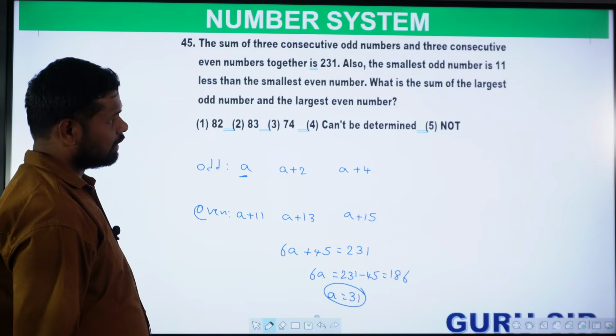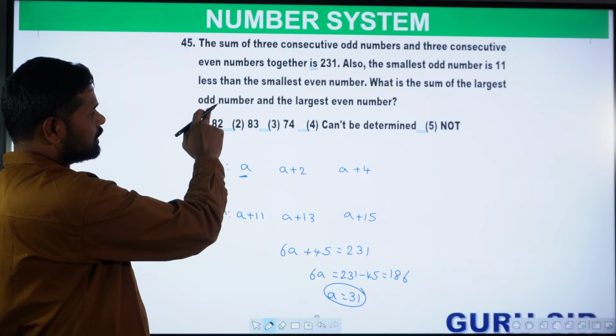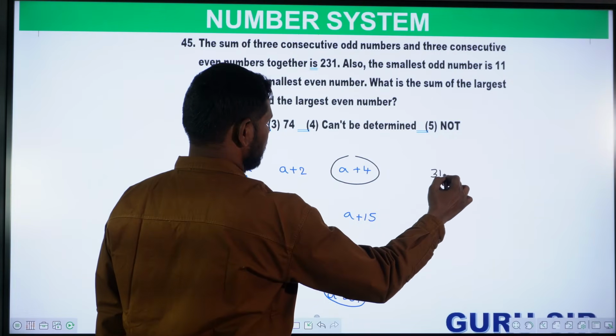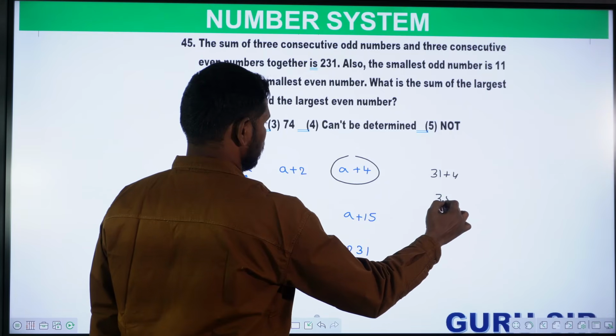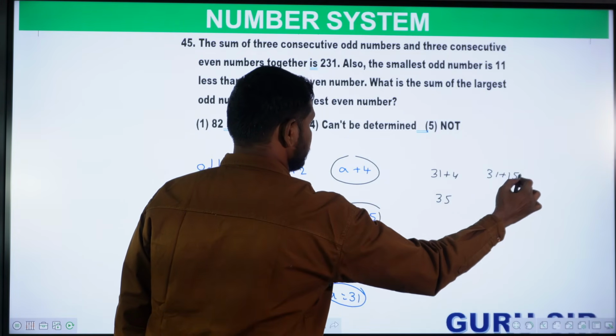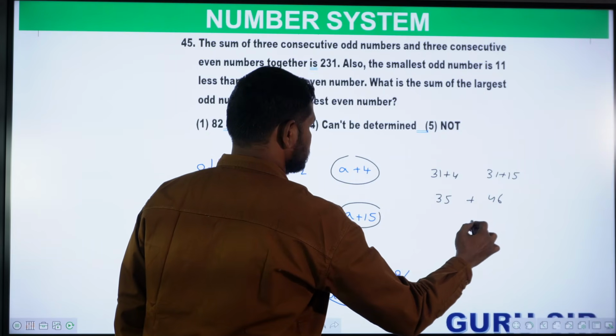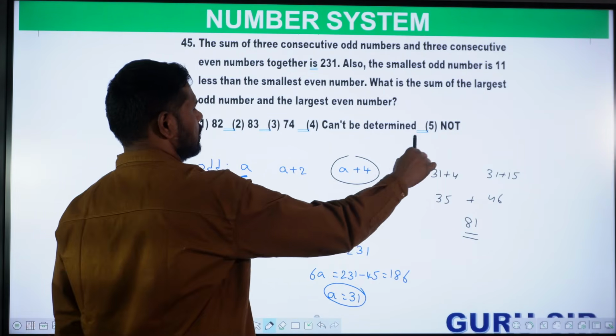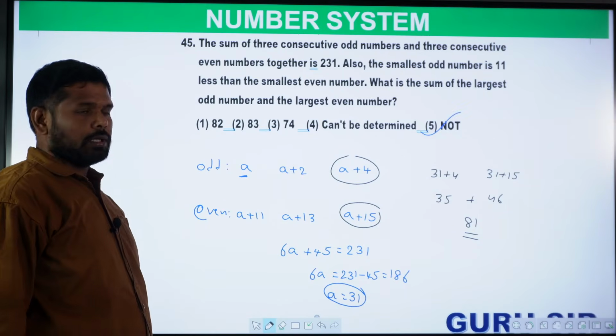A value is 31. What is the sum of largest odd number and largest even number? Largest odd number means 31 plus 4, 35. Largest even number means 31 plus 15, 46. Sum of these two numbers is 81 is the answer. So none of these is the answer.